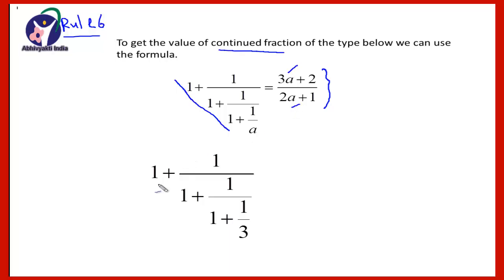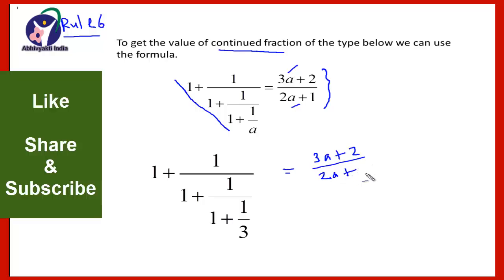Suppose, for example, it is like this: 1 plus 1 upon 1 plus 1 upon 1 plus 1 upon 3. Then its value will be equal to 3a plus 2 upon 2a plus 1. So a is what?